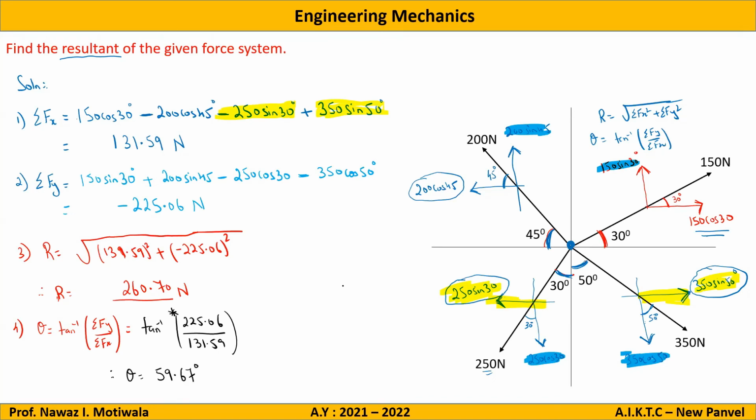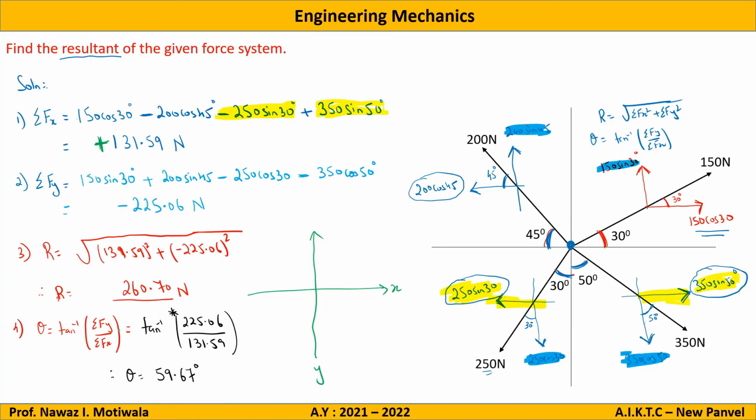Now we have found the answer, and we have to draw the diagram. For the diagram, I will make two axes, this is the x-axis and this is the y-axis. Now just see the signs of the forces. Fx is positive, and Fy is negative. x positive, y negative, which quadrant?